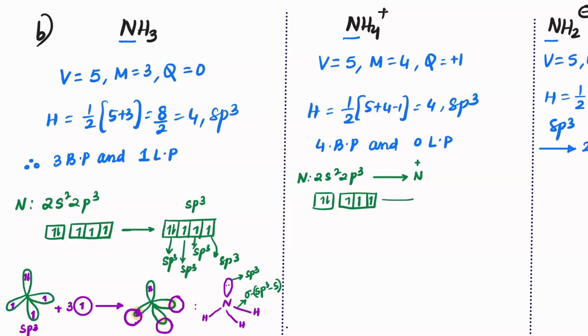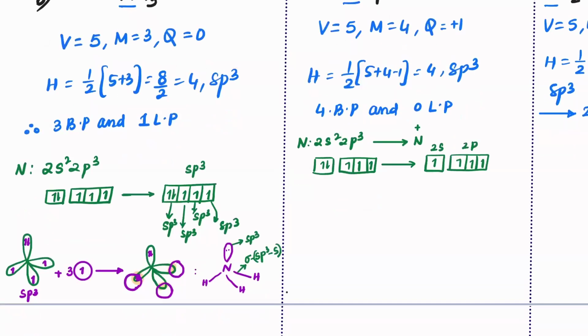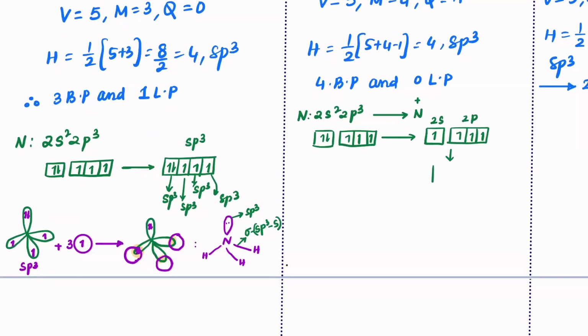So as it loses one, now we have only one electron in 2S and three electrons in 2P. Now mix all of them. After mixing, you will get a set of four new orbitals, and each orbital will have one electron, and all of them are sp3 hybridized orbitals.